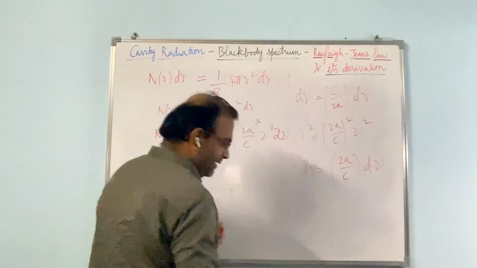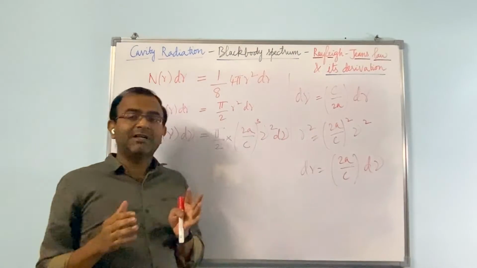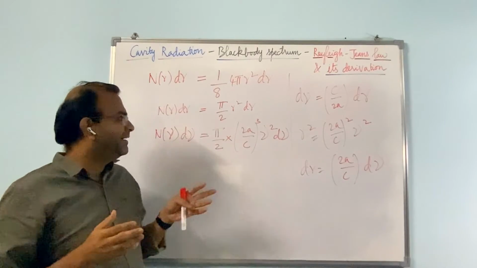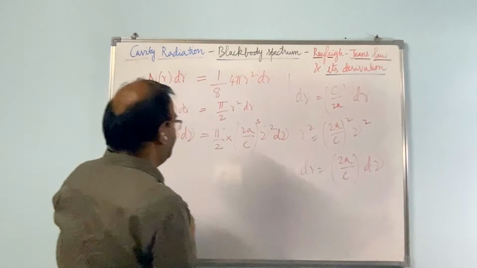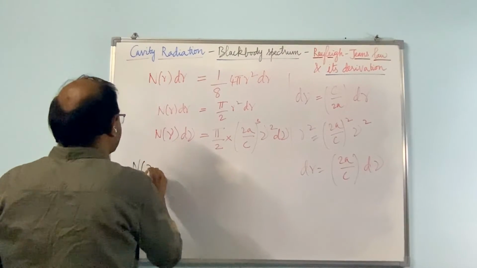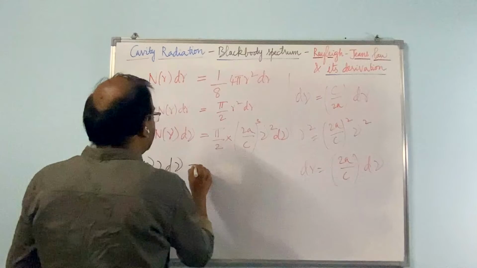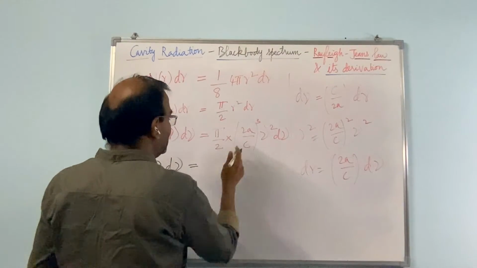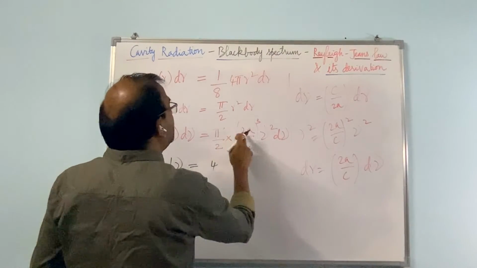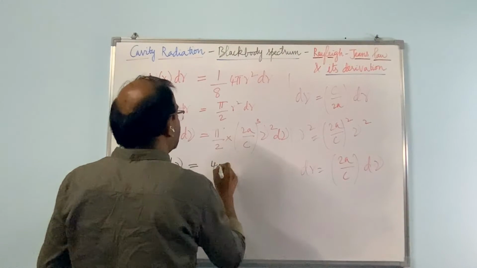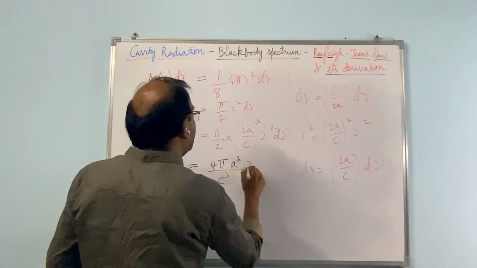So this gives us the number of waves in a given volume in three-dimensional space, and here we can do a refinement of this particular expression. Expand this one, you get 4, because this is 8 pi over 2, that is 4 pi a cube over c cube nu squared d nu.